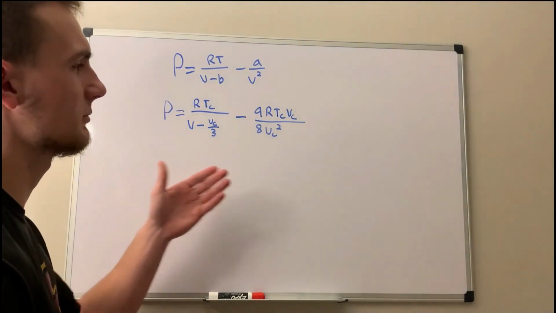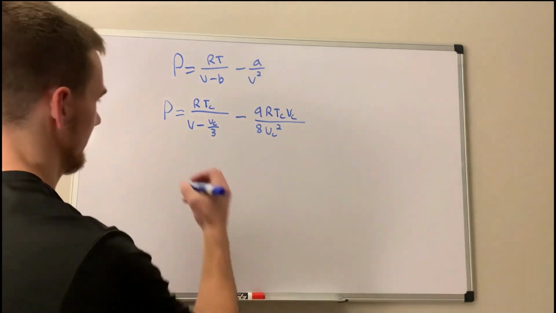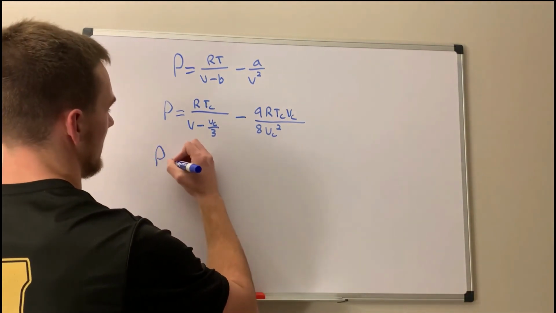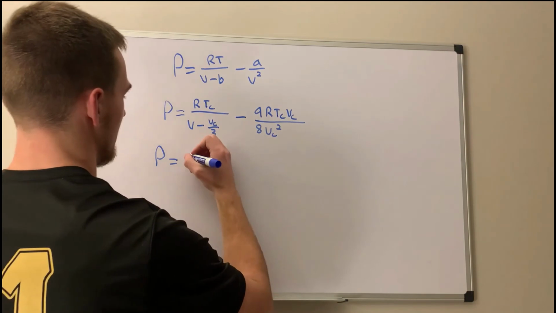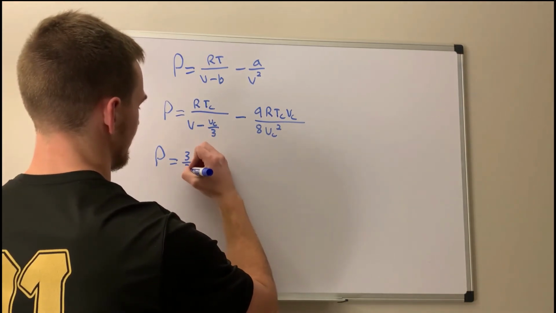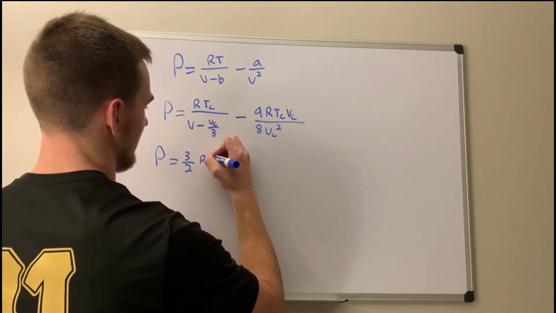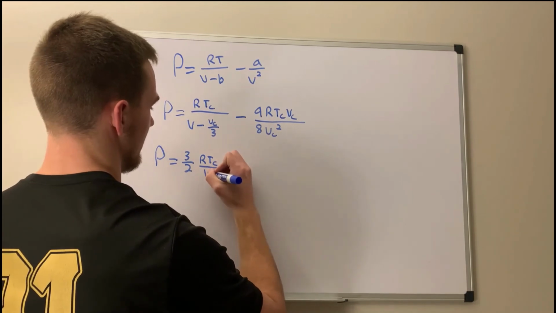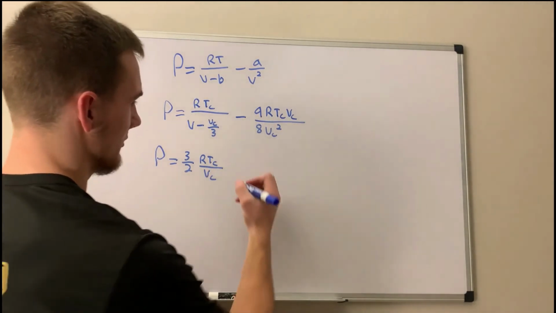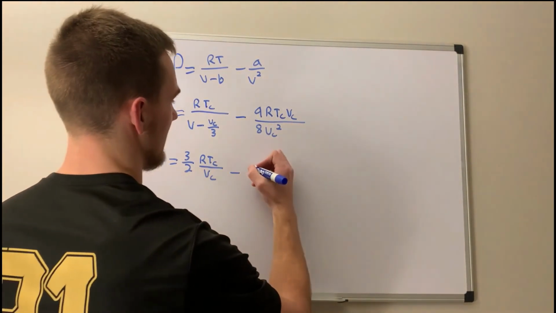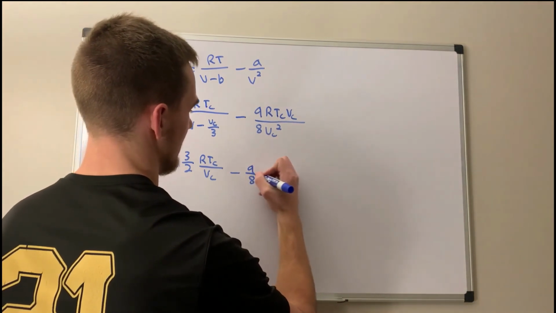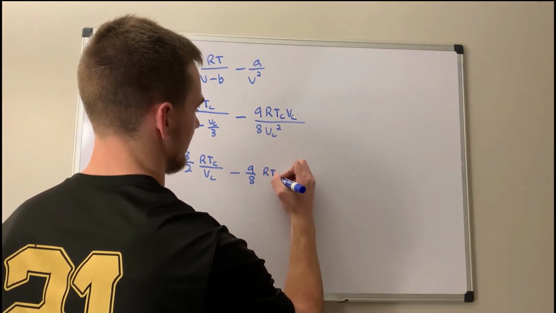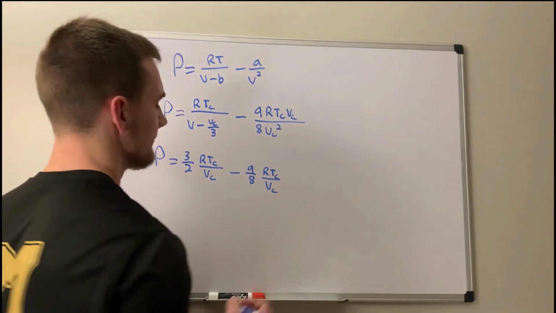And we can go ahead and simplify here and cancel out some terms. So we will see P equals 3/2 RTC over VC. And we'll simplify here and cancel out. So we'll have 9/8 RTC over VC. Okay?